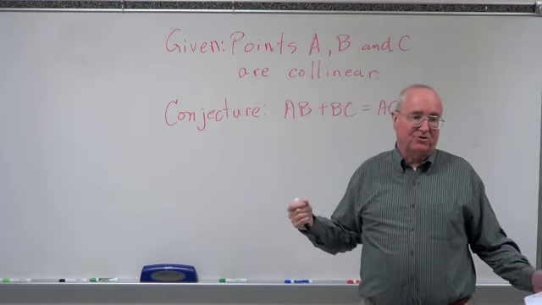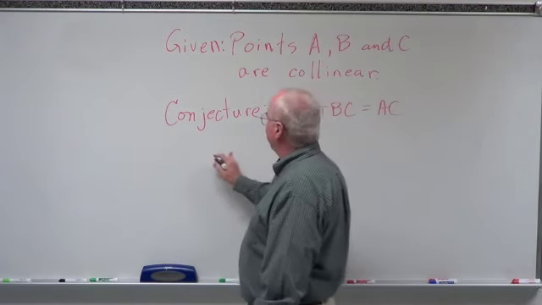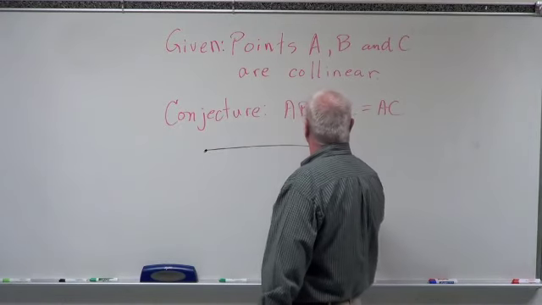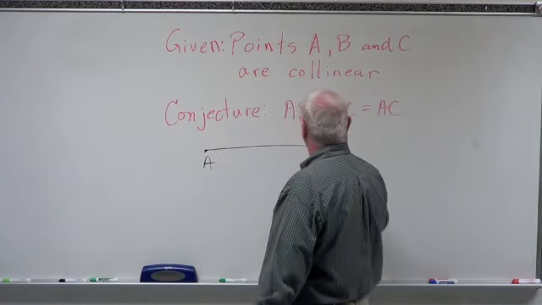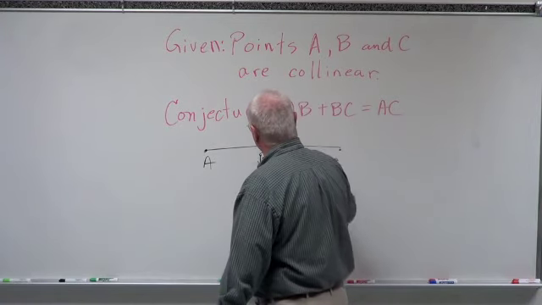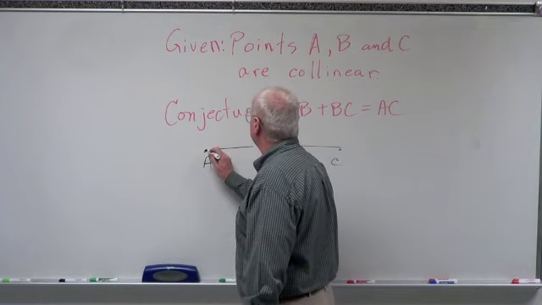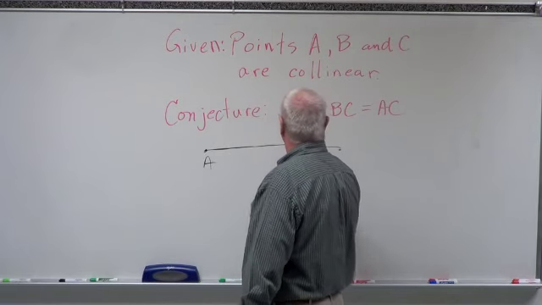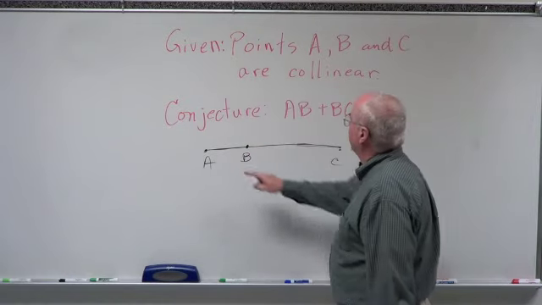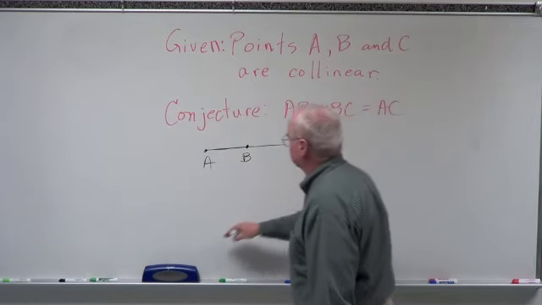Can we prove that true? Well, in order for that to be true, let's draw us a segment. AC would have to be there. Well, let's not put that in the middle. We wouldn't want to show that off, would we? We would make it a midpoint. Let's put it right there. A, B, and C are collinear.